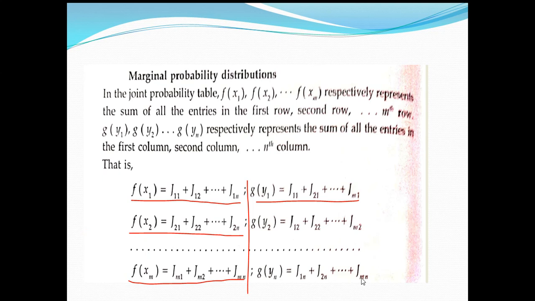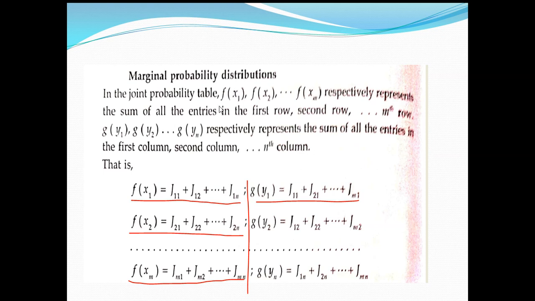Okay. So this is what I said: we can obtain f of x1, f of x2 so on, f of xm, and g of y1, g of y2 so on, g of yn, by adding all the entries in the first row, second row till the mth row, and adding all the entries in the first column, second column, and nth column.